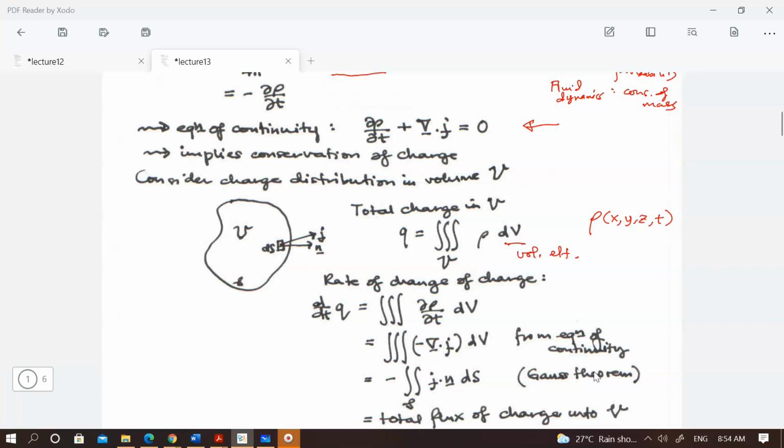That will be the rate of change of charge. But now the partial rho, partial t can be replaced using this equation of continuity, which is given by minus del dot J. Then you bring the minus sign out, del dot J integrated with respect to the volume. You have done integral calculus, vector calculus before. This can be simplified using the Gauss theorem as essentially a surface integral.